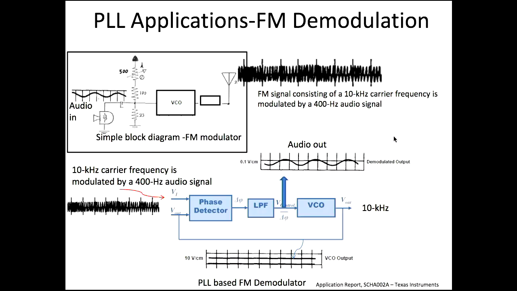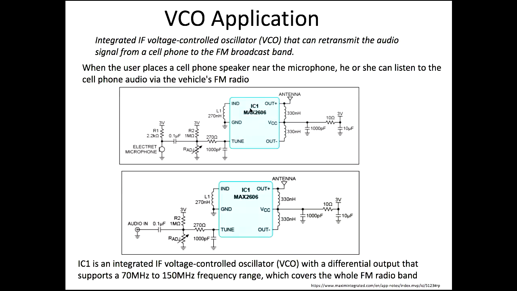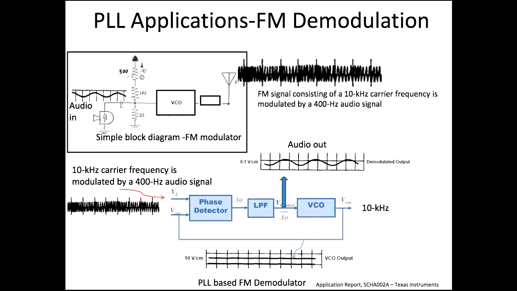So far what we did is this one. You got the audio signal, and that could be from a mobile phone. Then this is your microphone. So this is your audio signal, and then that is going to your VCO. See, this is the VCO, and then this is the antenna. Then you are getting a frequency modulated signal, because the VCO has a center frequency, then you are modulating your frequency with the audio signal.